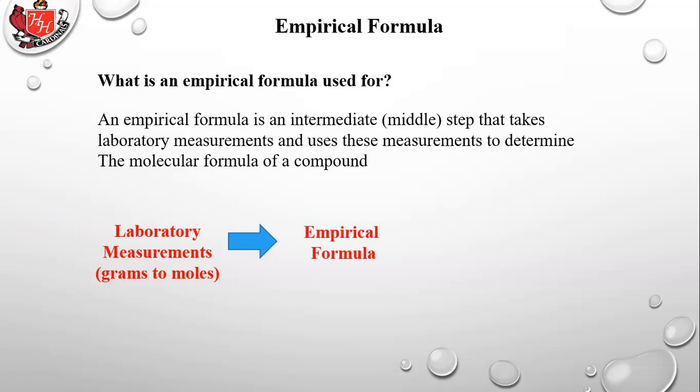We then get from the grams to moles. We convert grams to moles because formulas and chemical equations only understand numbers of particles, numbers of moles, numbers of molecules. So we convert from grams to moles just using the molar mass that we've done 100 times by now, and you'll do 1,000 times by the time you're done with this class. So from the empirical formula, we can then figure out the molecular formula. That's the actual formula of the compound.